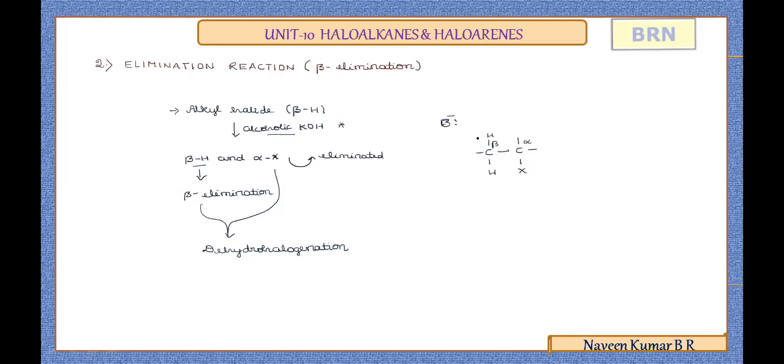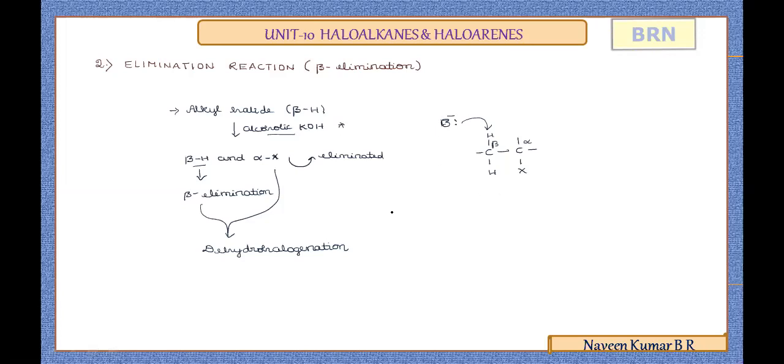Now, if you treat an alkyl halide possessing the beta hydrogen with a base, the base will be attracted towards the beta hydrogen. As a result, it will accept the hydrogen and remove it in the form of BH, where B is any base in general. As we are treating with KOH here, OH minus is considered the basic ion.